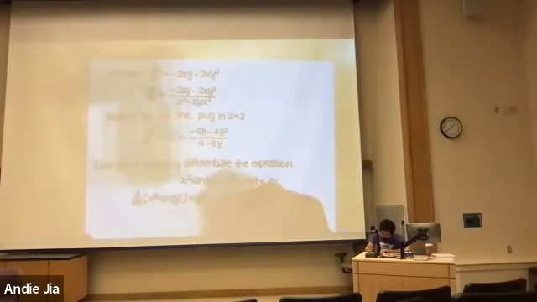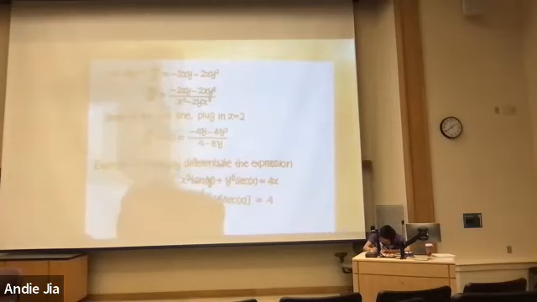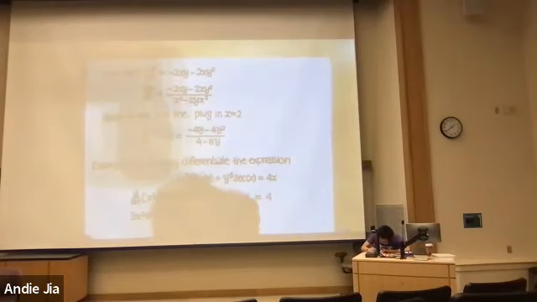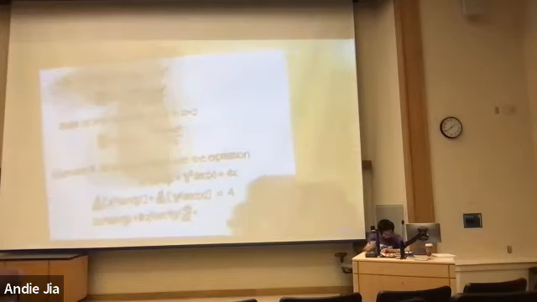There's a 3x squared and y plus x cubic secant squared y dy dx plus 6y5 secant of x y prime.